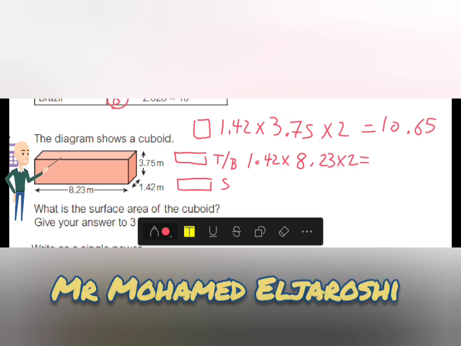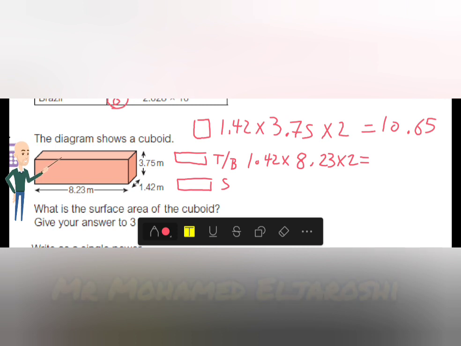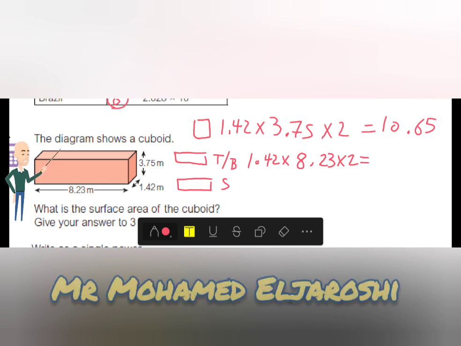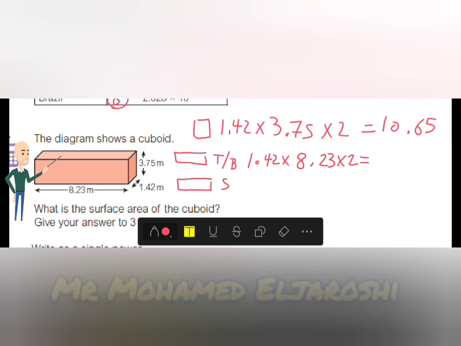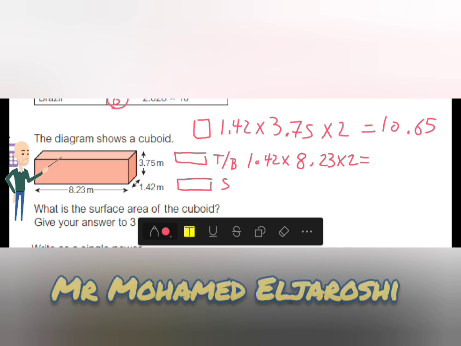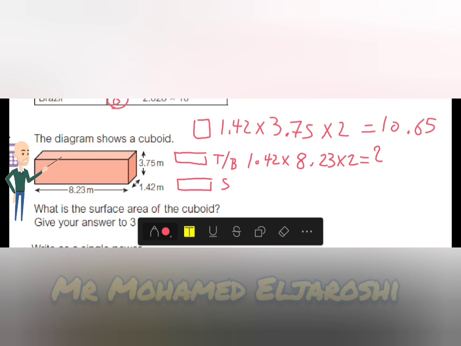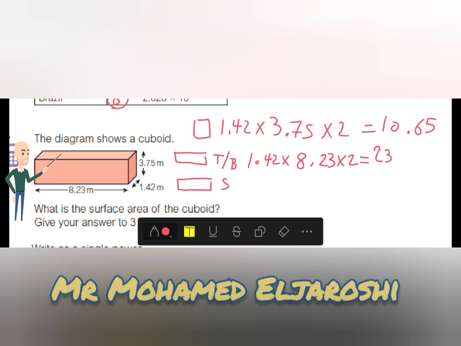Now let's answer this. So it's 1.42 multiplied by 8.23 multiplied by 2. And it's 23.3732, let me write it so I don't forget it.